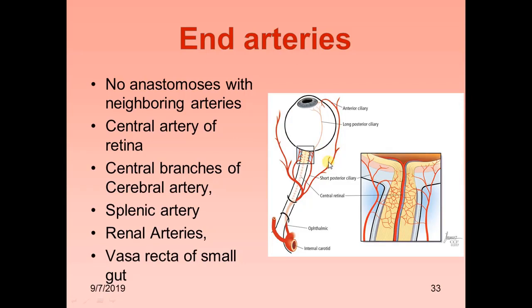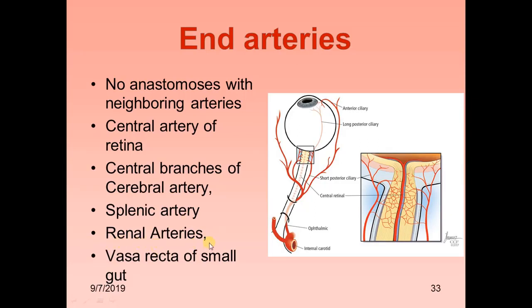The other branches are the cortical branches, which supply the cerebral arteries, and central branches. Splenic artery, branches of this are our end arteries. So naturally if it is blocked, then the spleen does not receive its blood supply, and you have to go for splenectomy.